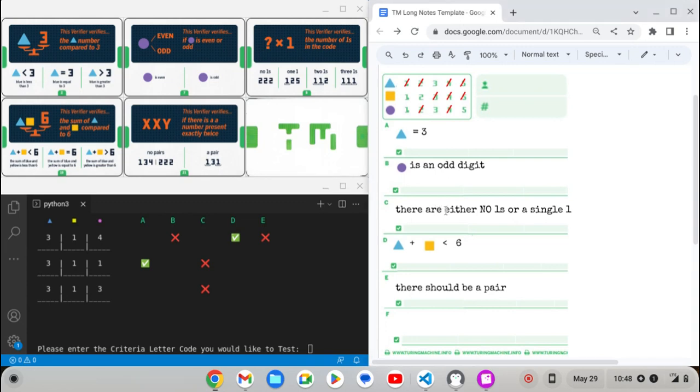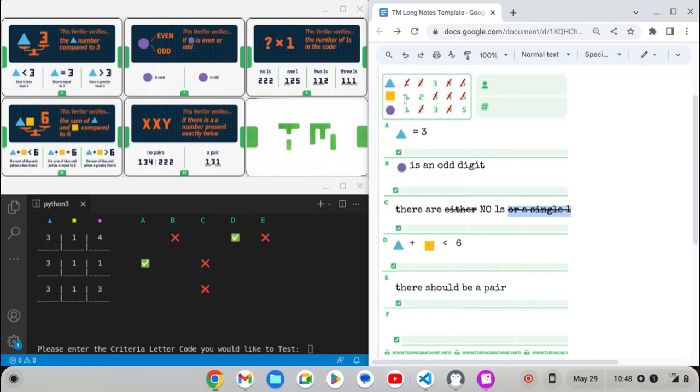So let me get rid of the word either here, and also the or. So there are not a single one, not a double one, and of course there weren't 3. So that means that my solution is 323.